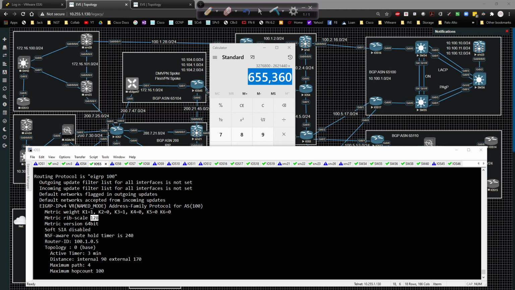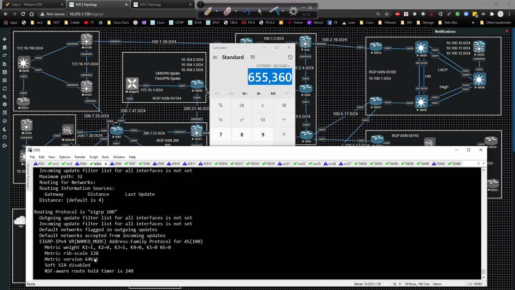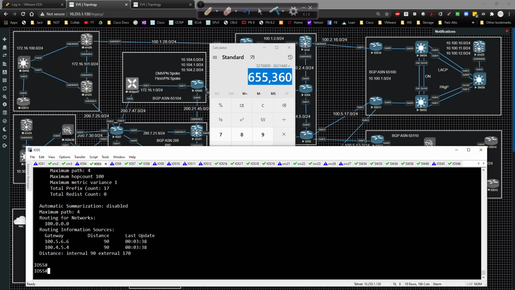So in order to run DUAL on a 64-bit metric, which is what EIGRP named mode does, you have to scale the total size down, and the value here, this rib scale, is split in half, so it's 0 through 256. If you want to make the rib scale, basically you're dividing by 128 effectively.